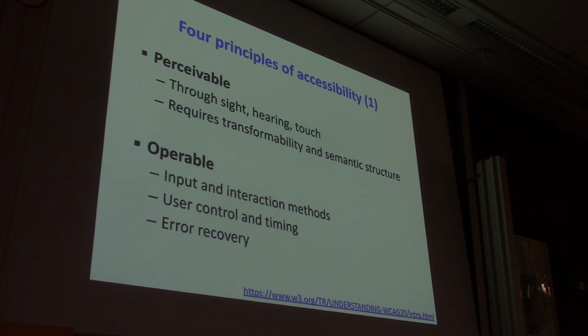In a crowded environment, I can understand that the designer wants to sell as many coffees as possible, so makes all the timers really quick. But this was insane. Even if I wanted to, I couldn't do it. So user control and timing are important, but also error recovery.